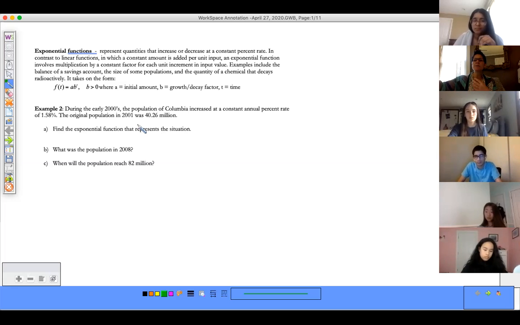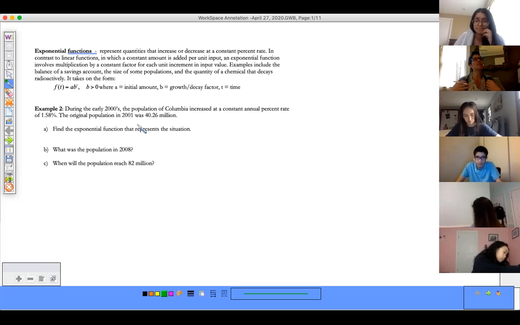If I want to undo something squared, I would take the square root. Jonathan, if I want to undo something cubed, I would take the cube root. If I want to do the inverse operation of multiplication, you're all going to scream at me that it's division. But then I say to you, what's the inverse of an exponential function? You're all going to say logarithm.